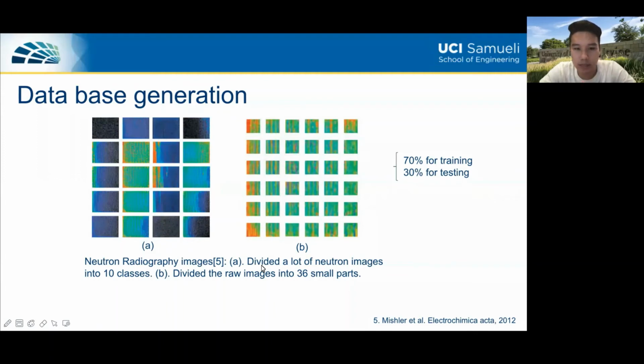In each class, there are about 100 images, so the total is about 1,000 images to train the model. 70% of the data set is used for training, and 30% is used for testing. After the model is trained, we will input a raw image to be analyzed to get the water areal mass density. Before that, we need to divide the raw image into 36 small parts in order to increase the accuracy.